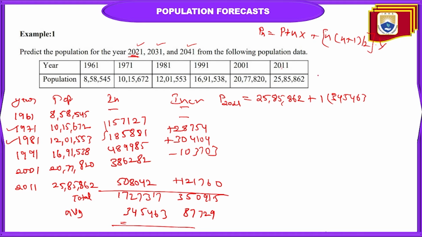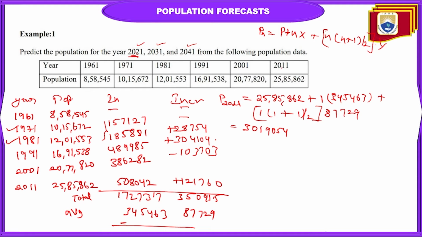So then plus 1 into (1 plus 1) divided by 2, into Y, which is the average of the increase in incremental value. It is equal to 87,729. So now if you substitute here and calculate this, we'll get the population in 2021. It is equal to 19054.